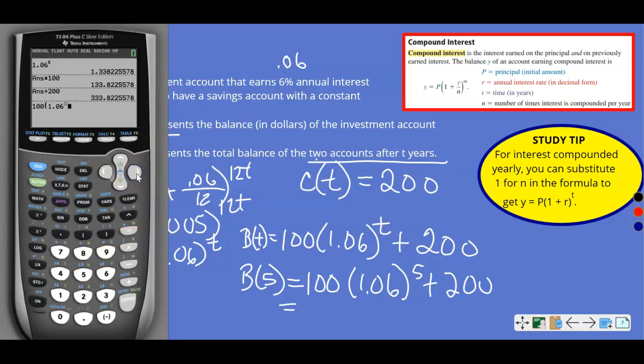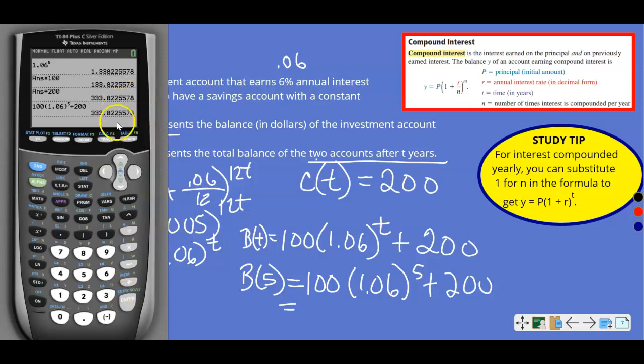Well, let's see. Just put my parentheses here. Now raise it to the 5th power and add 200. The calculator usually does very well if you enter everything correctly.